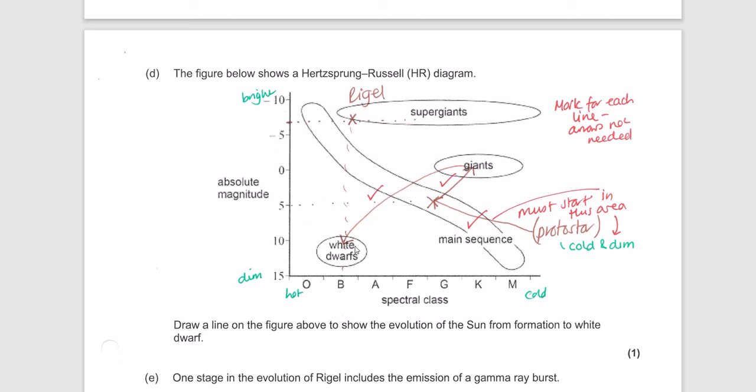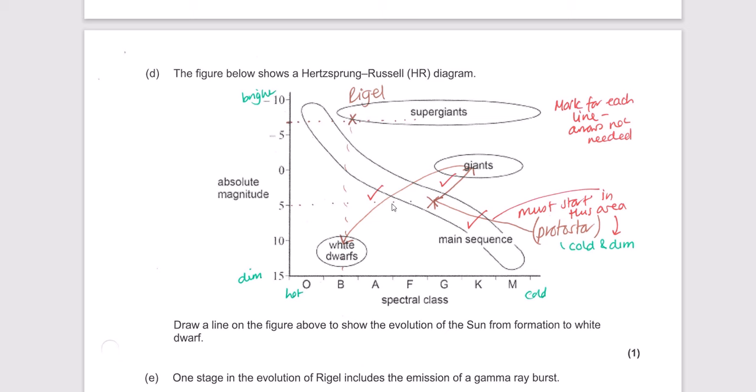The x-axis is essentially temperature, and what is a little bit weird here is it goes from hot to cold, so it's like a negative axis. It's once again logarithmic if you were to do it in Kelvin, but here they've done it in spectral class. So the first starting point for me here is to know that the Sun has an absolute magnitude of 5 and has a temperature of about 6,000 Kelvin, which means it's in class G.